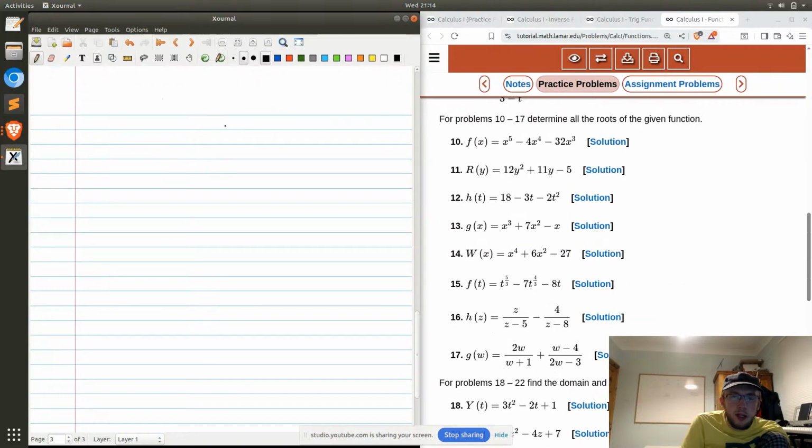Determine all the roots of the given function. Okay, so that one we know that's fine.